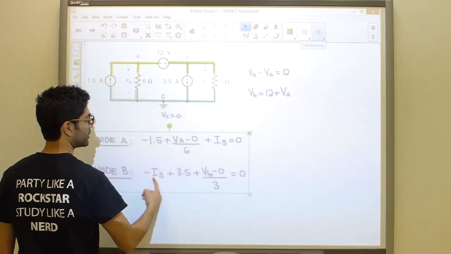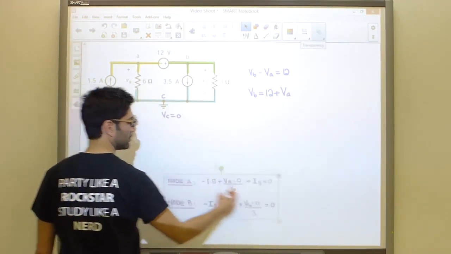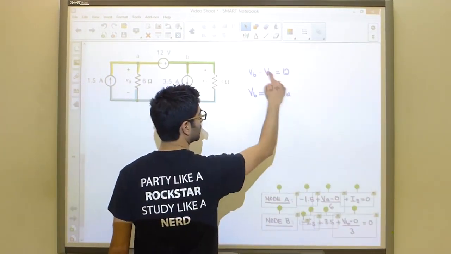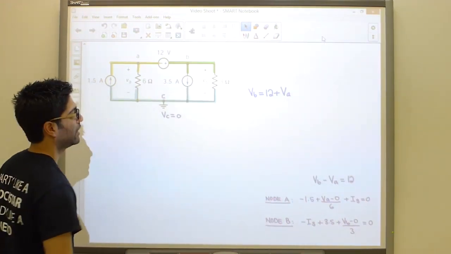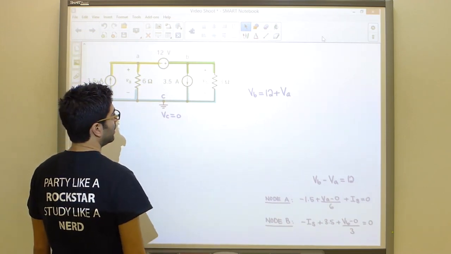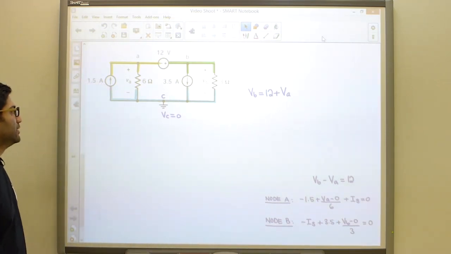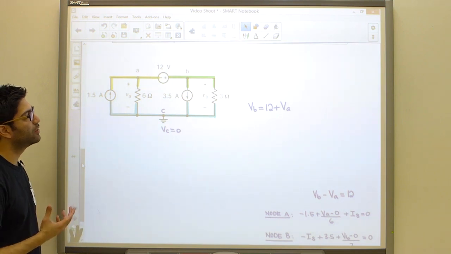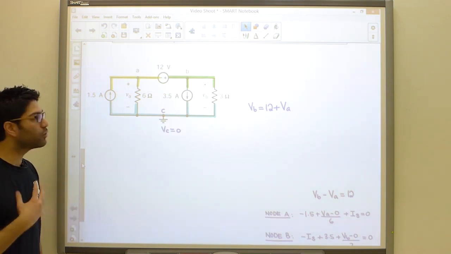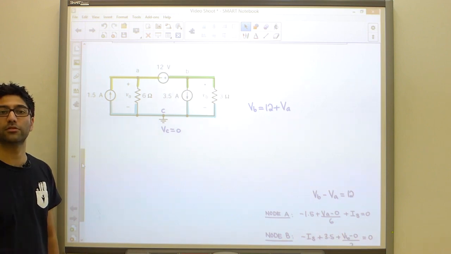I'm going to put these equations away for now. So these are the 3 equations we kind of had. So now what the supernode does is that it is going to engulf the voltage source that causes problems.